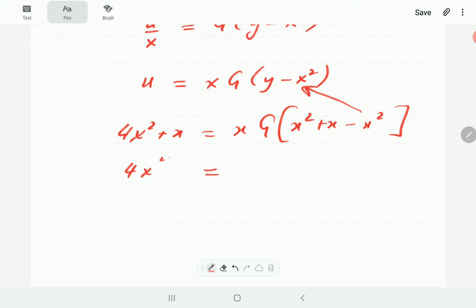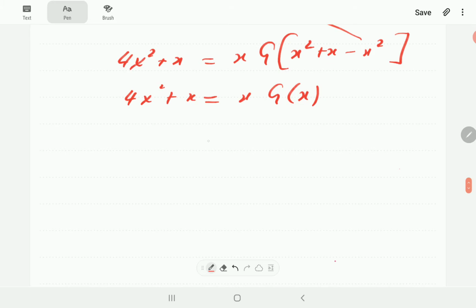So we have got 4x squared plus x is equal to x times g of x. And then straight away here we have got the functional form of g. So g of x is 4x plus 1.